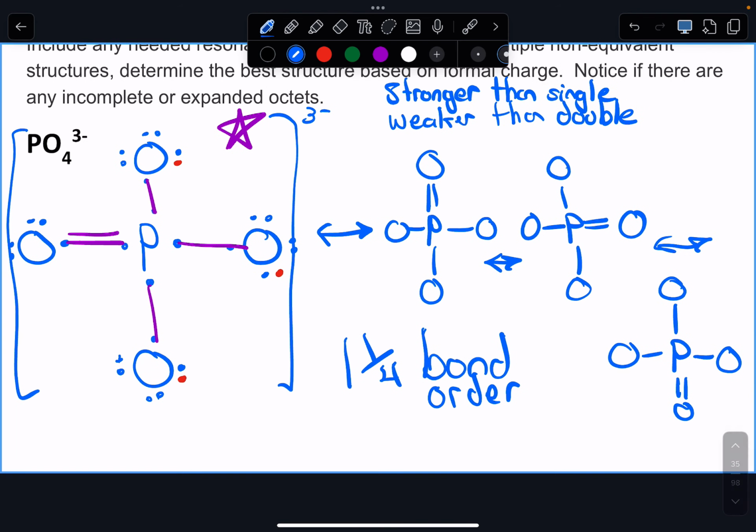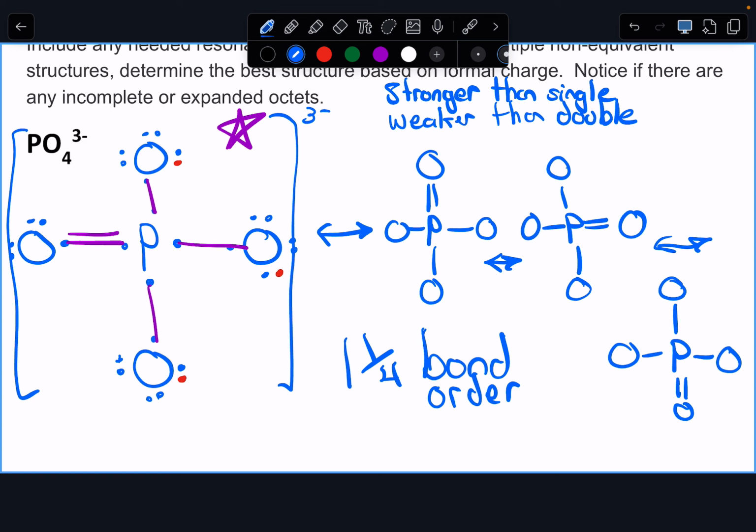All four of the bonds are equivalent. That's what the resonance structures tell us. Each of the bonds is going to be slightly shorter than a single bond and slightly stronger than a single bond. So that's how we're verifying that this Lewis structure is accurate.